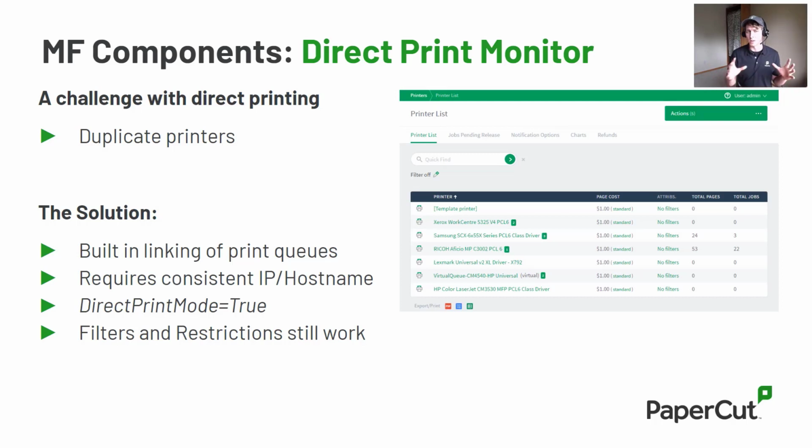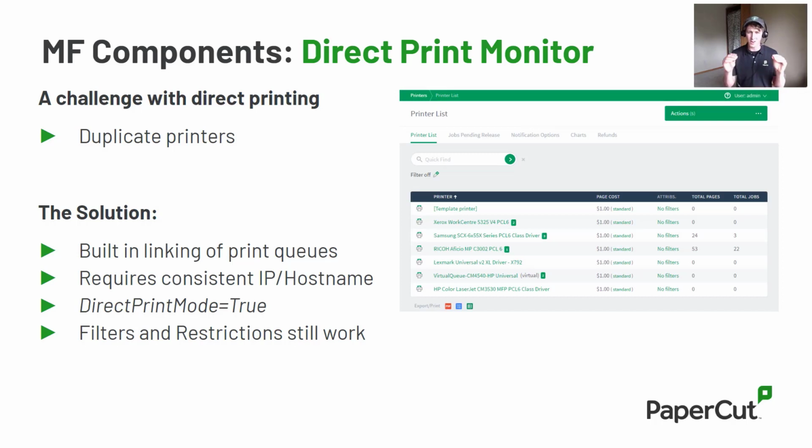And so what that creates is duplicates, a lot of entries, and let's just say you had 100 physical printers and everybody's direct IP printing. Multiply that by your number of users, and that's how many print objects you could potentially have. That's a lot. So we added a feature to the direct print monitor that links print queues. Basically, we look at the IP address, the host name.